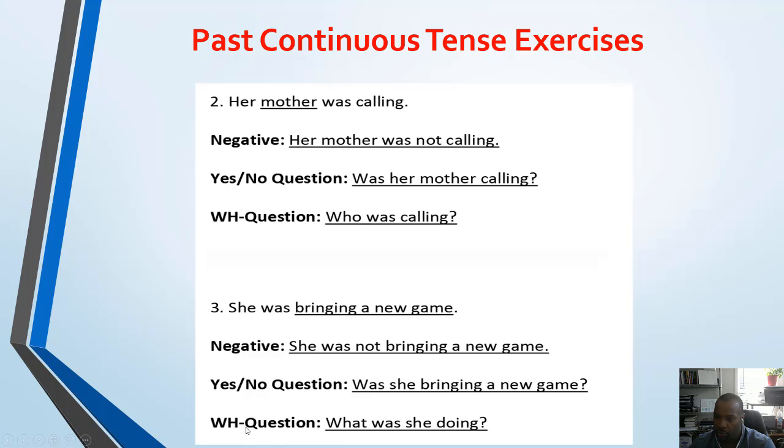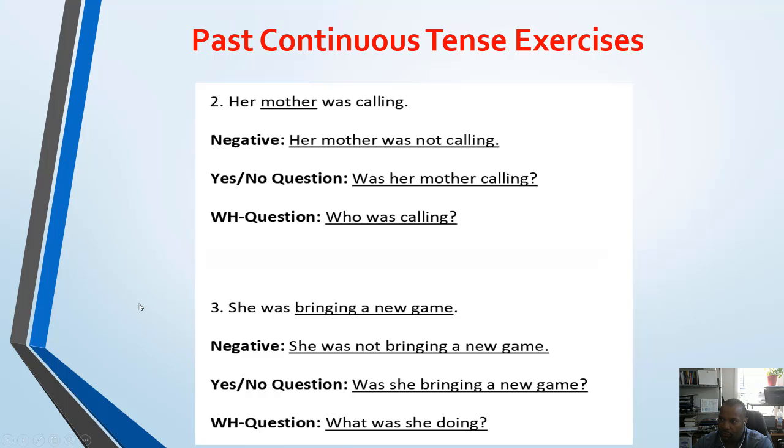So again, on this one, for my WH question, I use what. What was she doing? Alright, so hopefully we got very similar answers. There could be some variation, some differences between us, which is no problem, as long as we're using the past continuous tense when we're answering our questions. Okay?